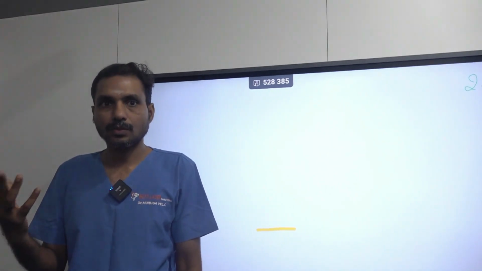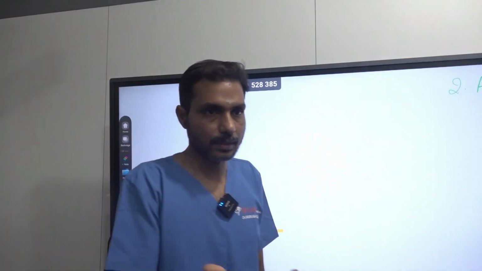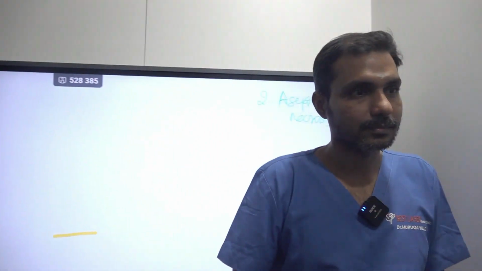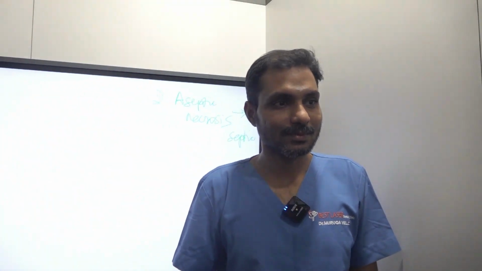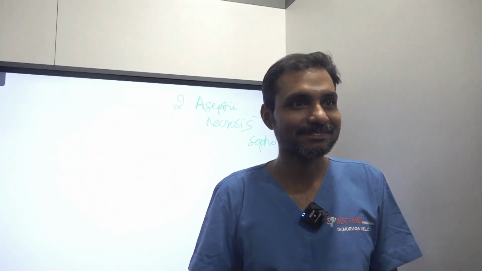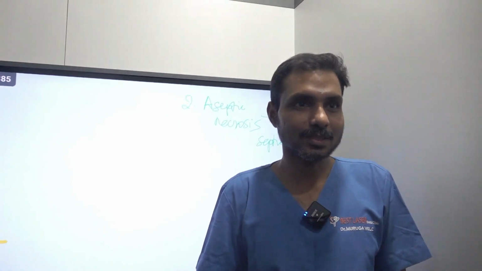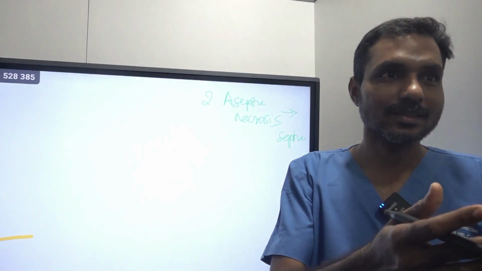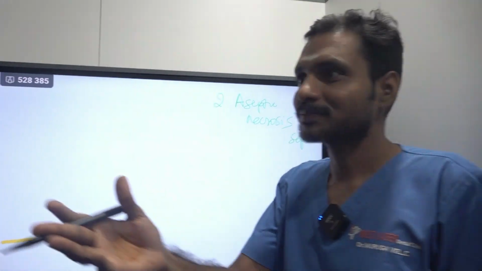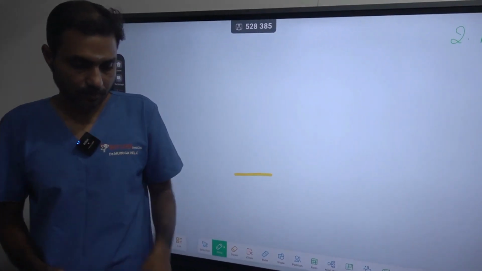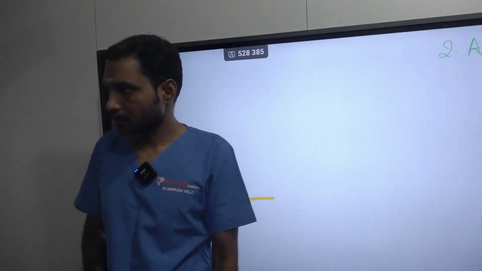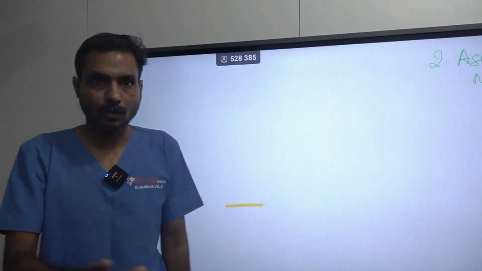Without infection, how can a cell die? Nutrition, blood supply, no blood supply, compression. So aseptic necrosis means many factors are involved, as he told.